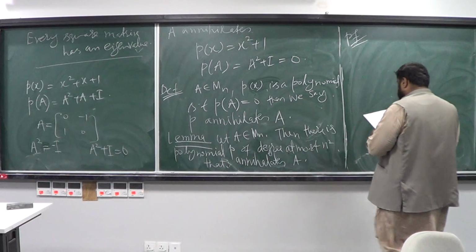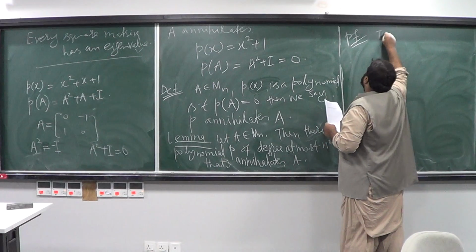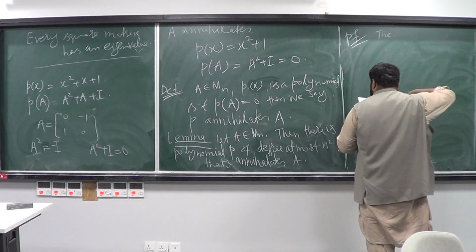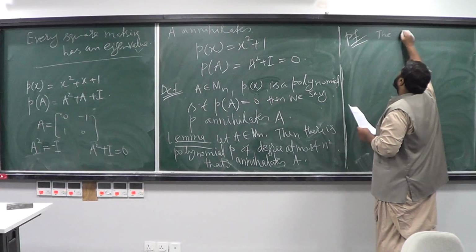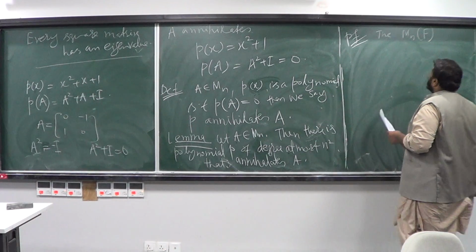Now, why is this the case? Let's just start with the vector space M_n(F).